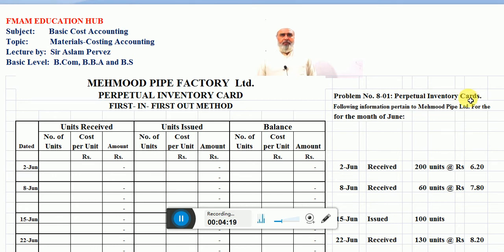What is the meaning of perpetual inventory cards? Students, you are looking in front of you at screen. This is the format. Its name is perpetual inventory cards. Students, it has four main parts.